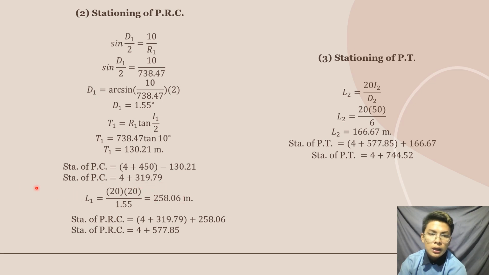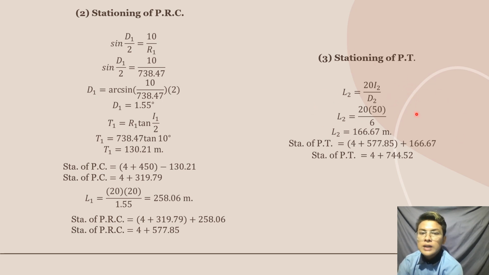Here in L1, we must use the formula 20 I1 divided by D1. So here's our D1, so we will get 258.06 meters for our L1. Last but not the least, our station of PRC is equal to our station of point of curvature plus our L1. So we have 4 plus 577.85. Next, our stationing of point of tangency.